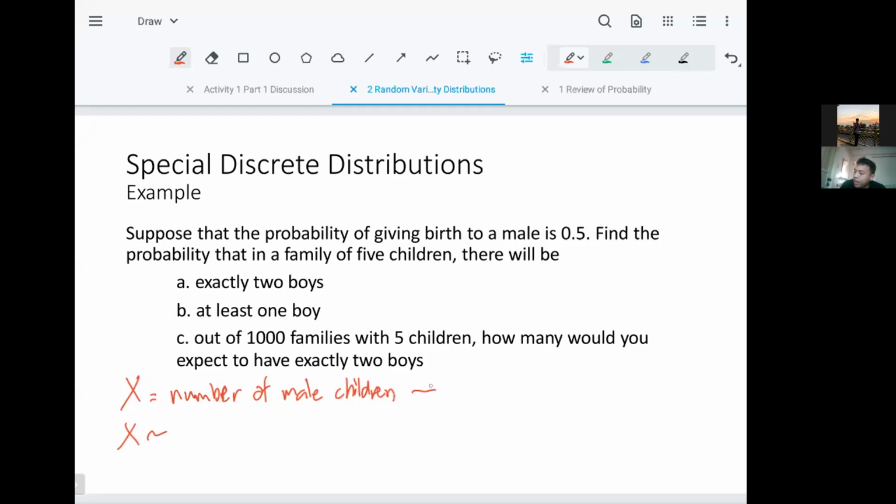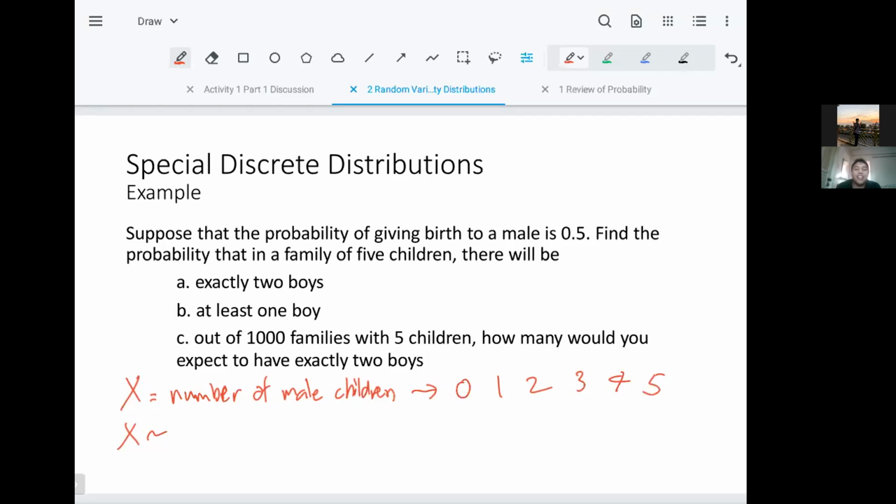Ilan ang pwedeng maging anak na lalaki ng pamilya na yan? Pwedeng 0, 1, 2, 3, 4, 5, di ba? And hindi equal yung chances ng mga outcomes na yan. So hindi siya discrete uniform. Hindi naman equal yung chance na wala akong anak na lalaki sa isang anak na lalaki and so on.